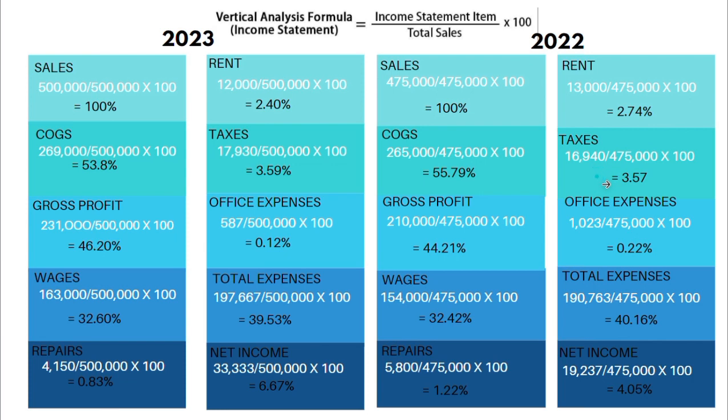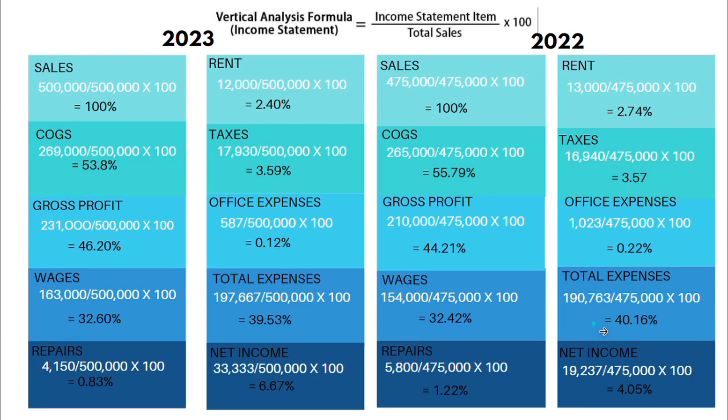Sa office expenses naman, meron silang 1,023 pesos divided by 475,000 na sales times 100 is equals to 0.22%. Sa total expenses naman, meron silang 190,763 na total expenses noong 2022 divide by 475,000 na total sales noong 2022 times 100 is equals to 40.16%.